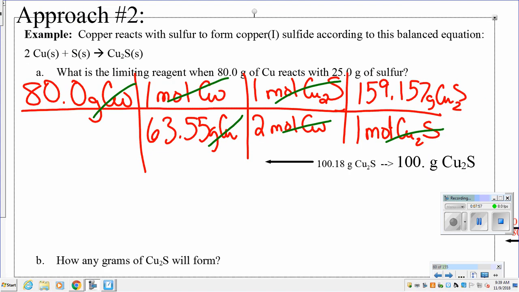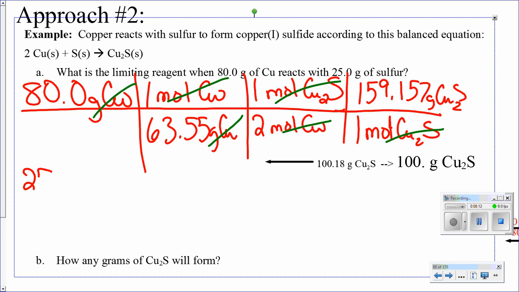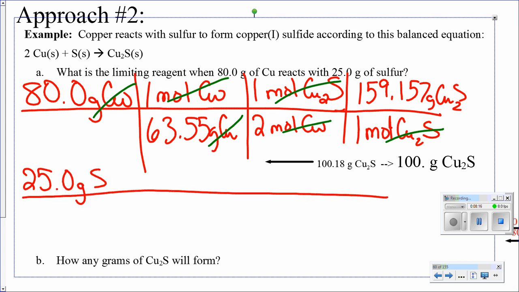So we already know from doing this problem once before that this is the actual amount of copper sulfide that we'll make based on knowing that copper is a limiting reagent. However, if we were doing this problem for real, we wouldn't know that at this point. So what I'm going to do in addition to this is take my 25 grams of sulfur and determine, if I started with 25 grams of sulfur, how much product I would make.